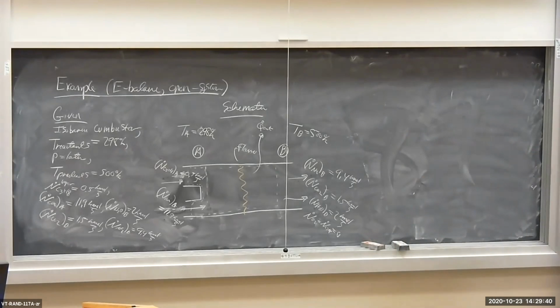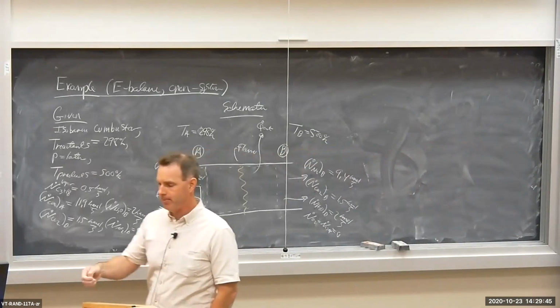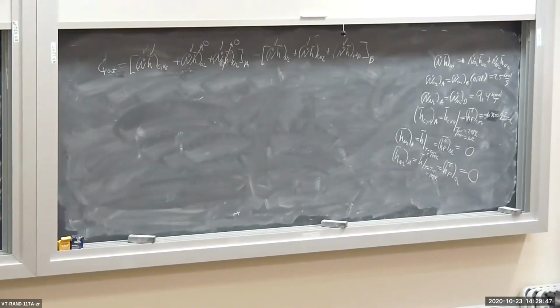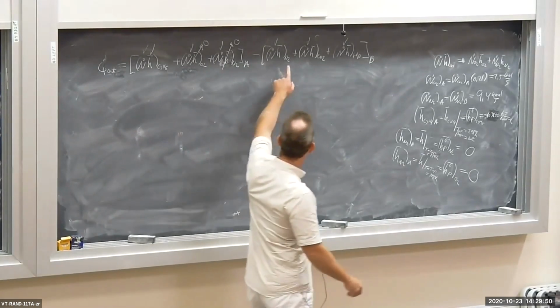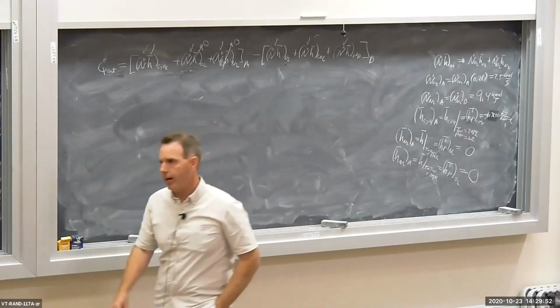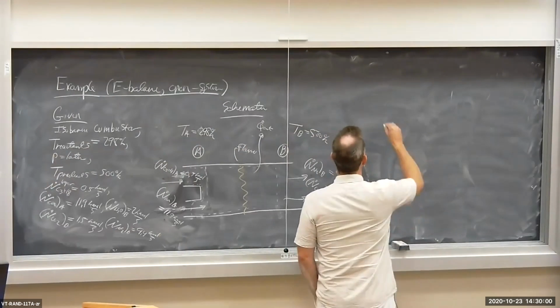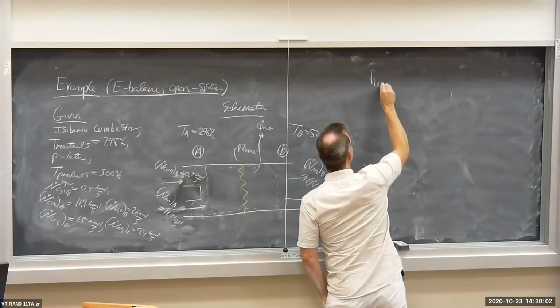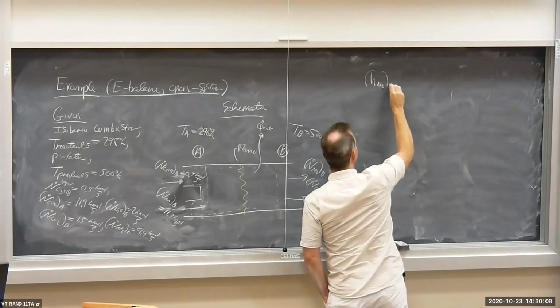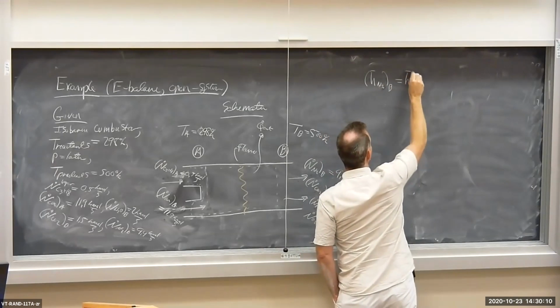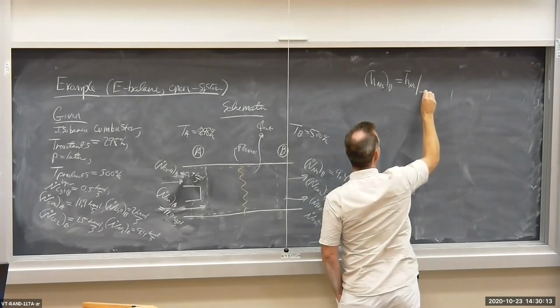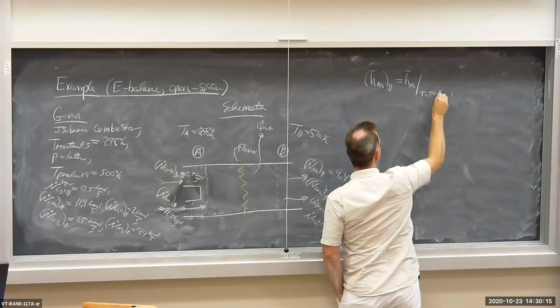So let's find the enthalpy H of N2 at the product side. H bar of the N2 on the product side is equal to H bar of the N2 evaluated at a temperature of 500 degrees Kelvin.